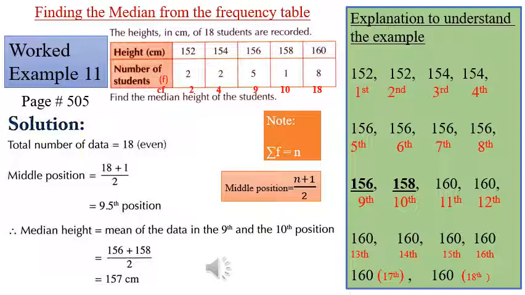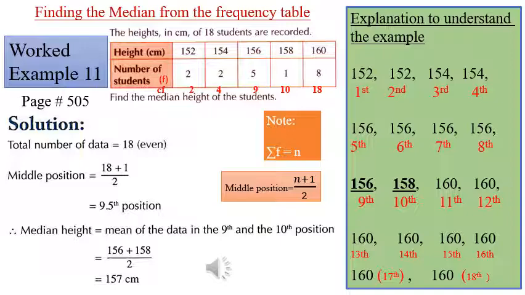Only one number at the 10th position, that is 158. And from position 11 to position 18 there is 160. So at position 9 we have 156, and at position 10 we have 158. So take the mean of these two values, then we get the median of this data. Take the cumulative frequency to check the position of data. On the right side of this page I give further explanation to understand the question.